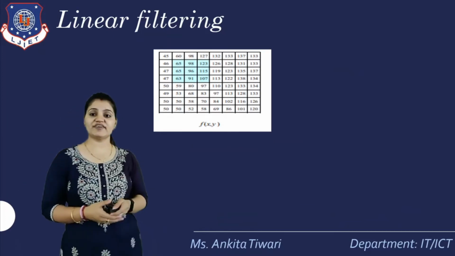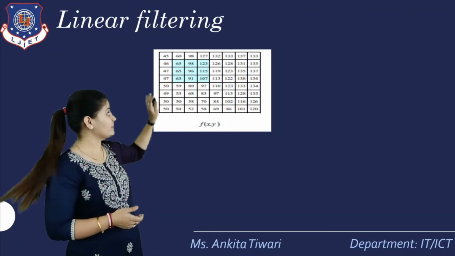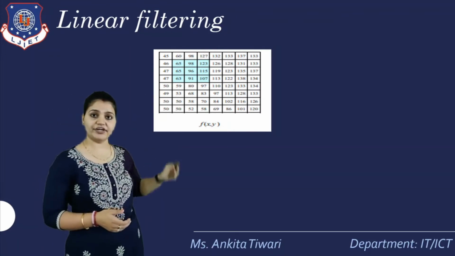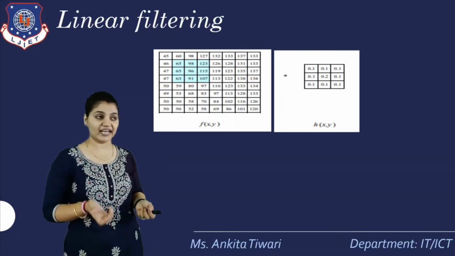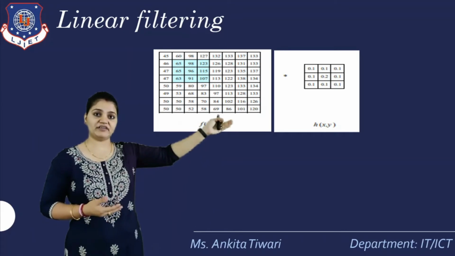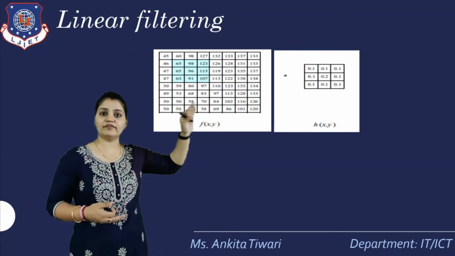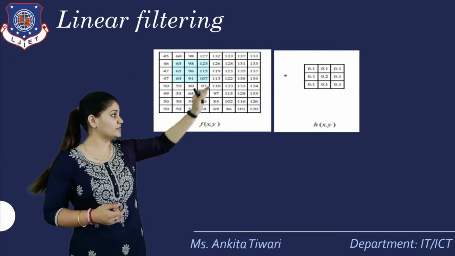And here, f of xy, suppose I am taking it, I have taken an example where every value is superimposed. With respect to f of xy, meaning the pixel value, I am multiplying it with h, that is h star f. The h of xy pixel values taken are 0.1, 0.1, 0.1, 0.1, 0.2, 0.1 and 0.1, 0.1, 0.1.